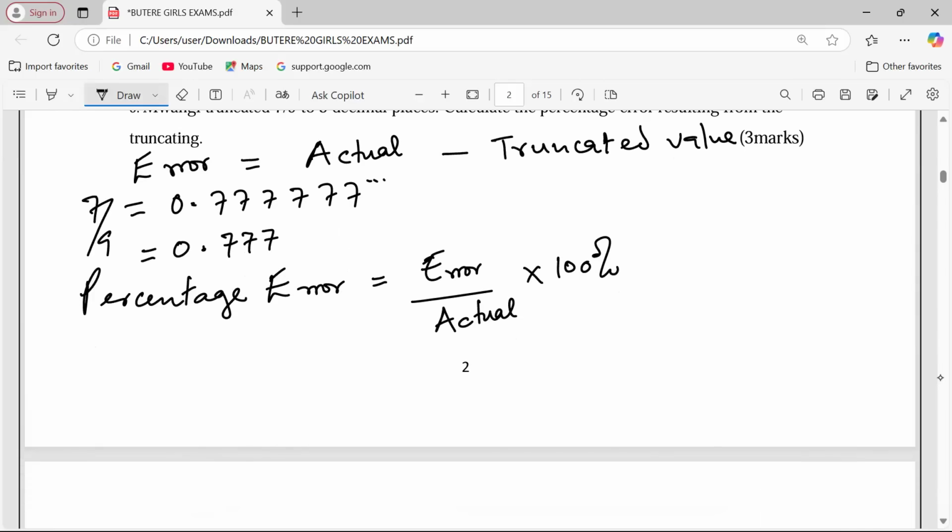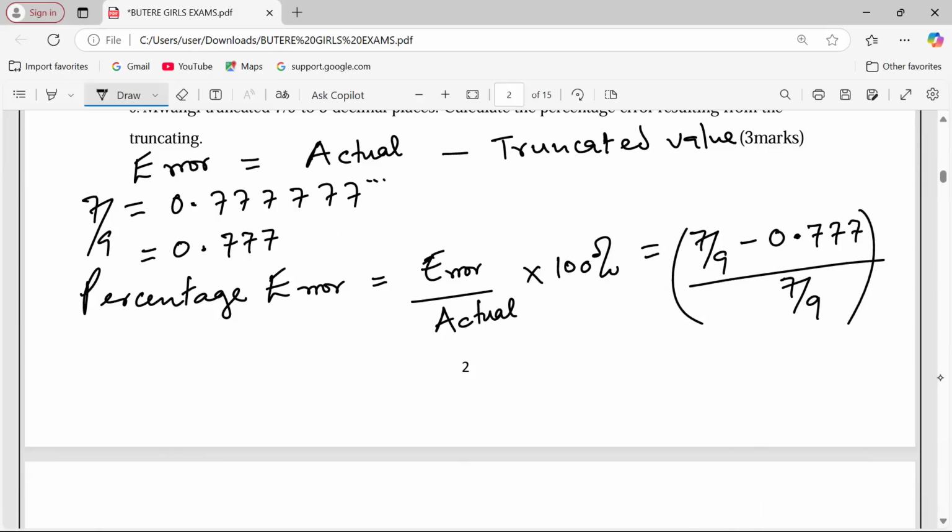So we shall talk about the error, which we have said is given by actual minus truncated value. Then we are going to divide this by actual. Then after that, we shall multiply by 100 for us to get the percentage error.